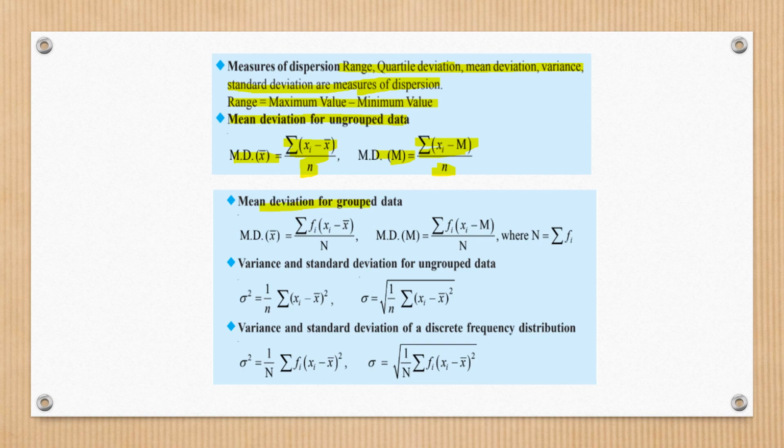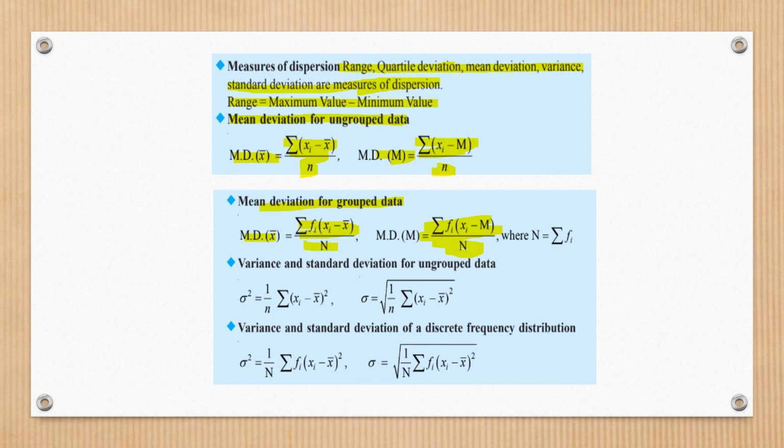In case of mean deviation for grouped data, one additional thing will be there: for the mean it is summation fi times xi minus x bar upon n, and for the median it is summation fi times xi minus M upon n. But here remember that we are going to use the modulus, the absolute value, otherwise the result will be 0.